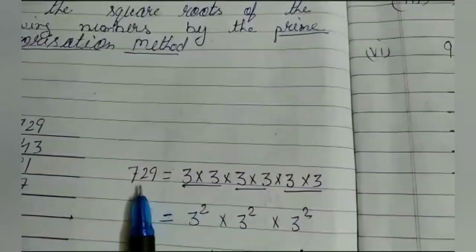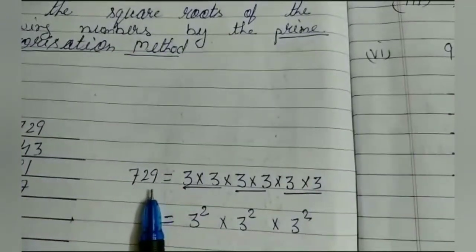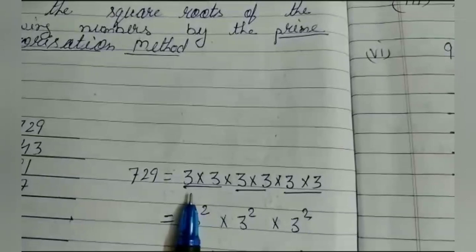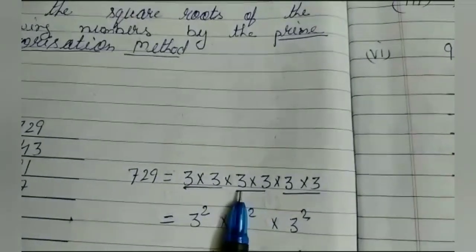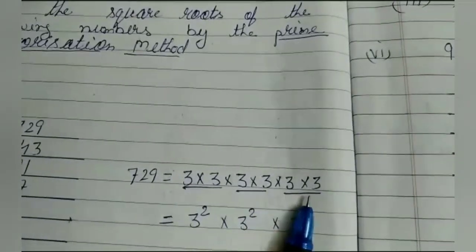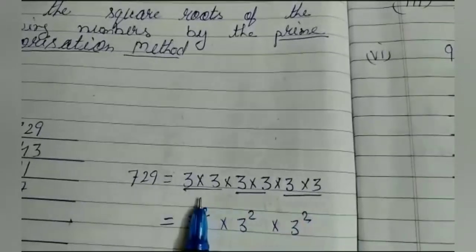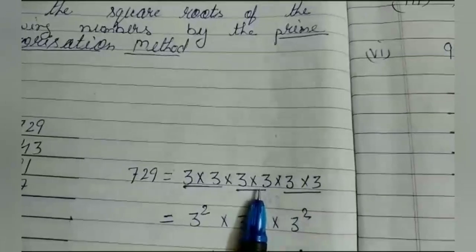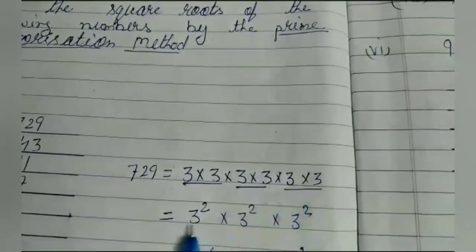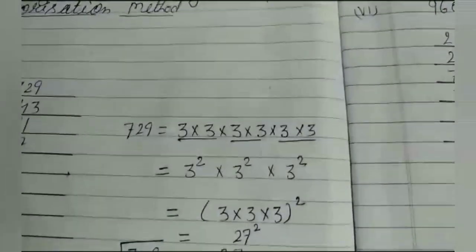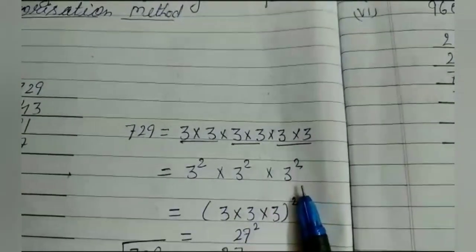Look at here. The factors of 729 are 3 multiply 3 multiply 3 multiply 3 multiply 3 and multiply 3. We will make pairs: first pair, second pair and third pair. We write 3 square multiply 3 square multiply 3 square.